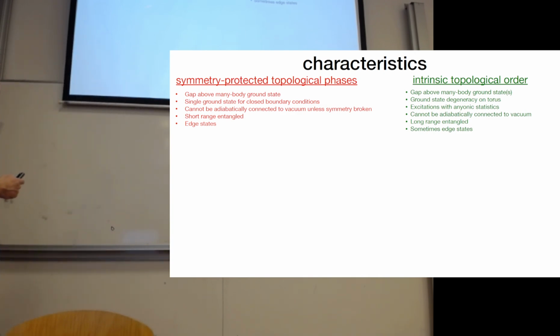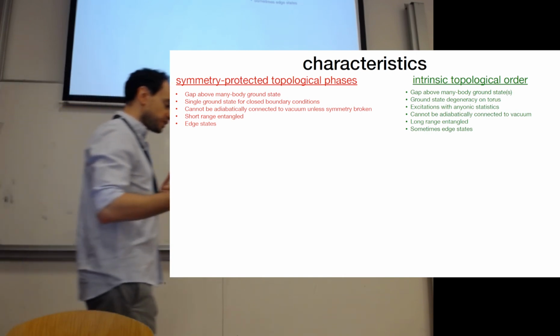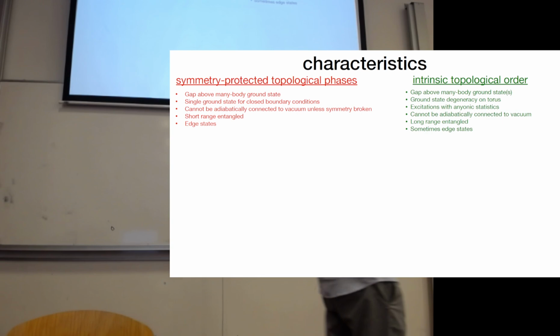In the case of symmetry-protected topological phases, there are only such finite-depth circuits which do break the symmetry on the way. Again, it's essentially the same statement, just in terms of quantum circuits rather than tuning parameters in a solid state experiment. The characteristics of symmetry-protected topological phases are edge states, and we discussed those from various perspectives.